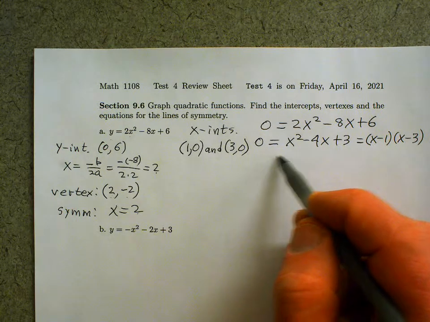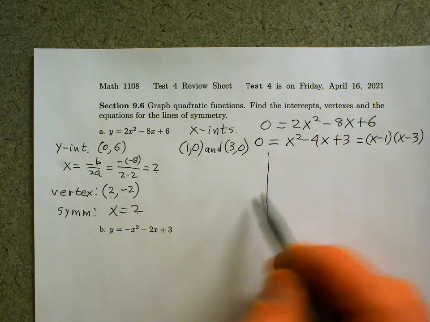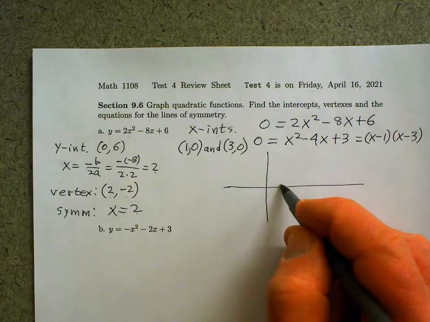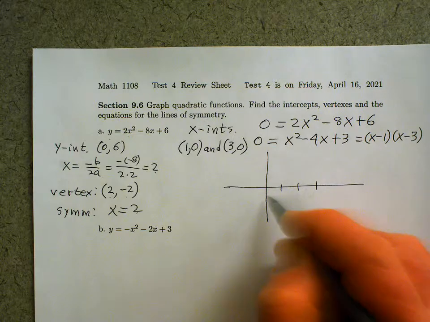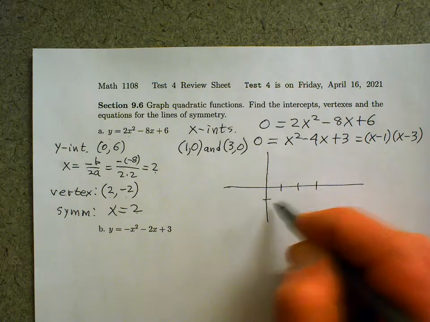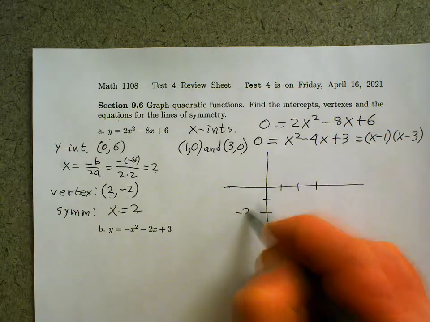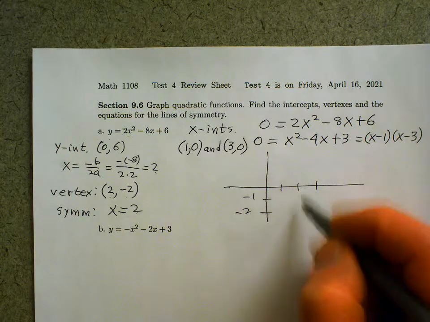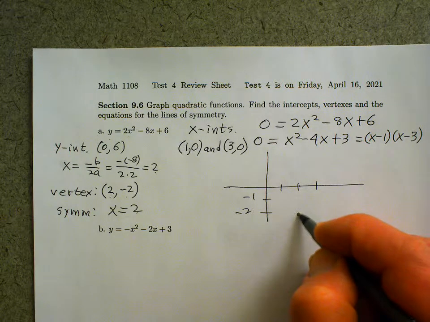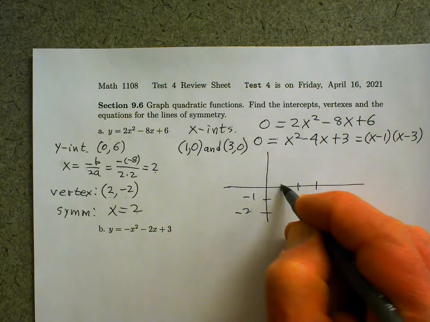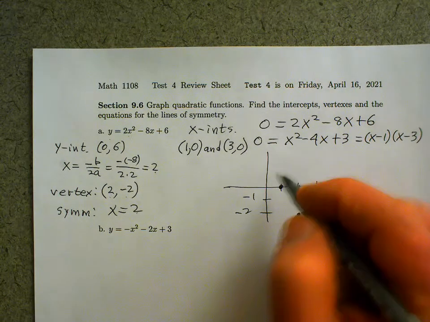So we can sketch this parabola. So 2, negative 2 is the vertex. One x-intercept is 1, 0.